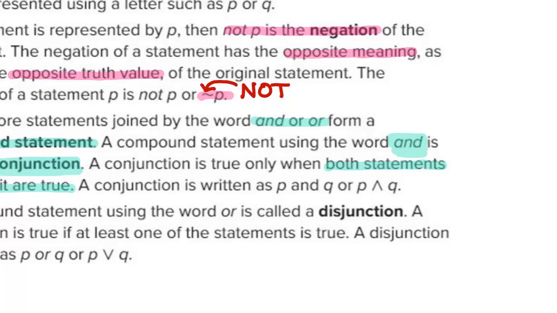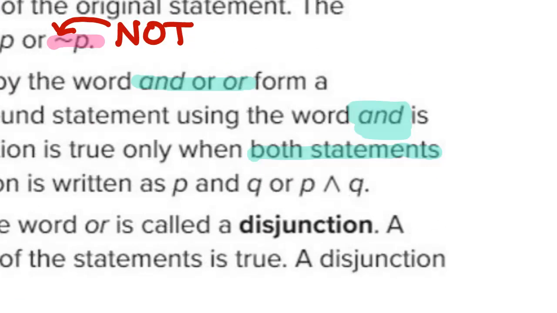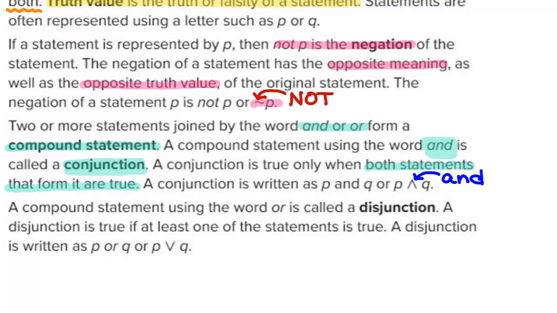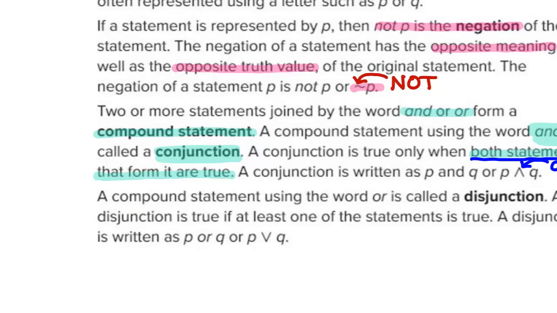A conjunction is written as P and Q, or P and then this arrowhead that points up. This means and. For this to be true, both statements that form it have to be true.